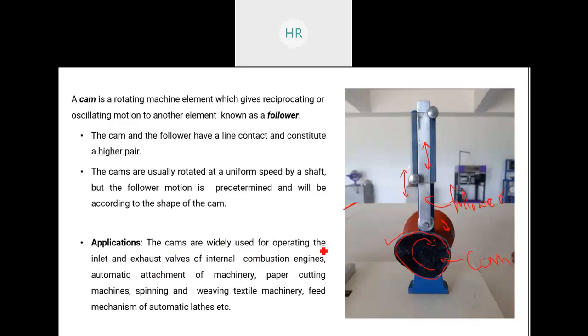They are widely used for operating inlet and exhaust valves of IC engine, internal combustion engine. Also in automatic attachment of machinery, paper cutting machines, spinning and weaving textile machinery, feed mechanism of automatic lathes. In all of these and many more applications there are cam and follower mechanisms. You can say applications of cams.